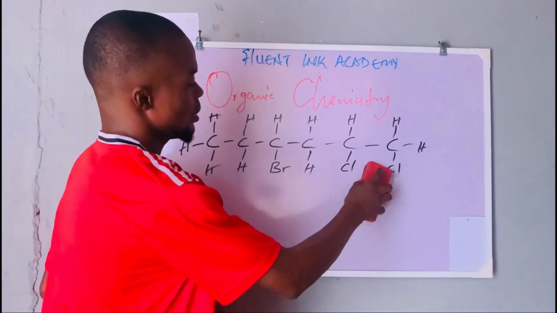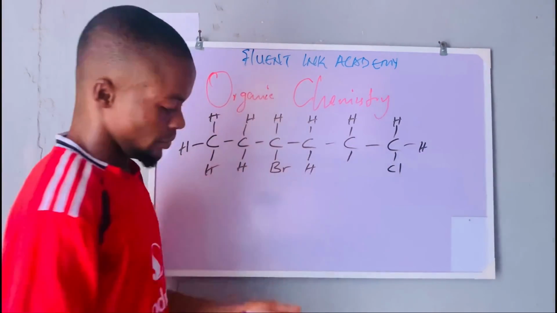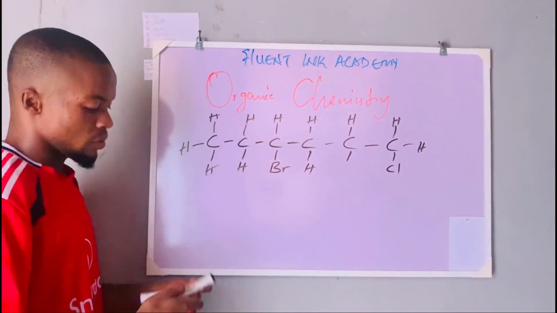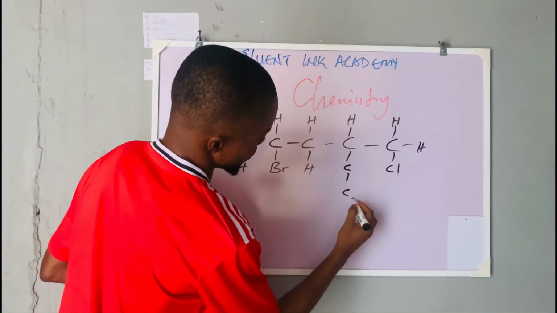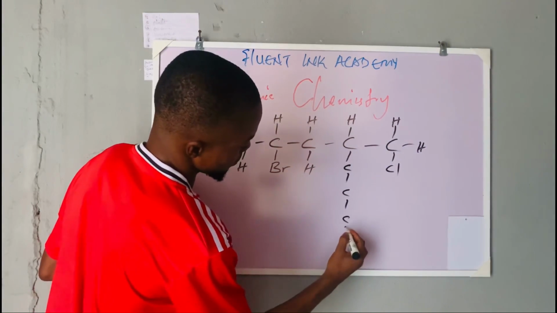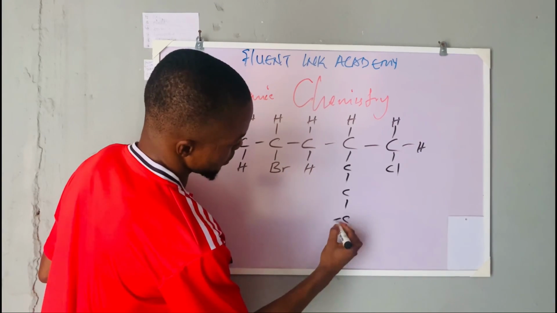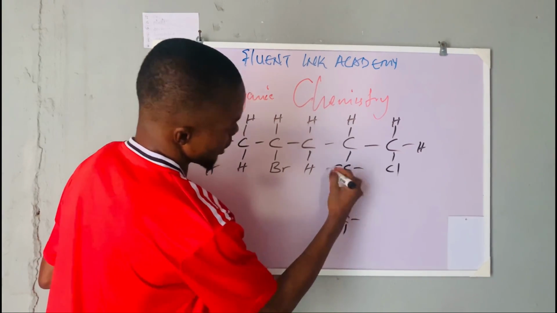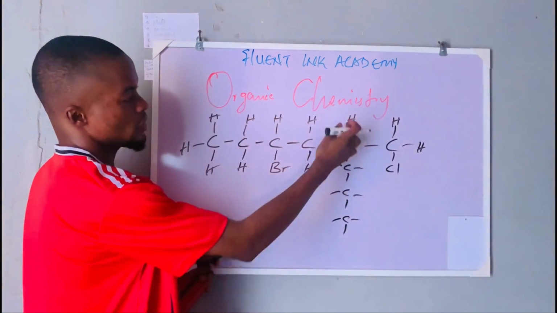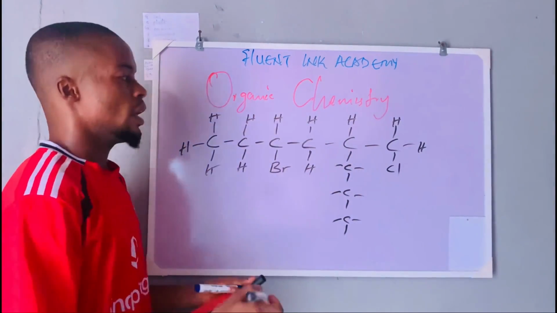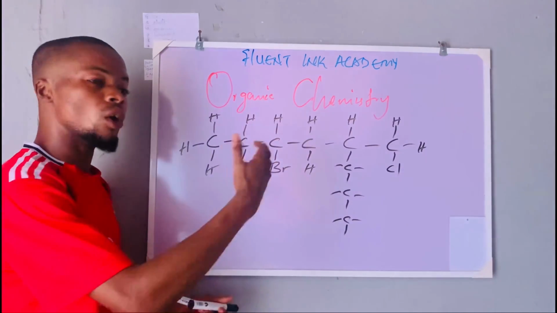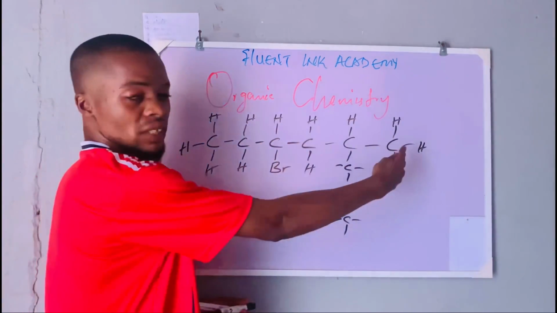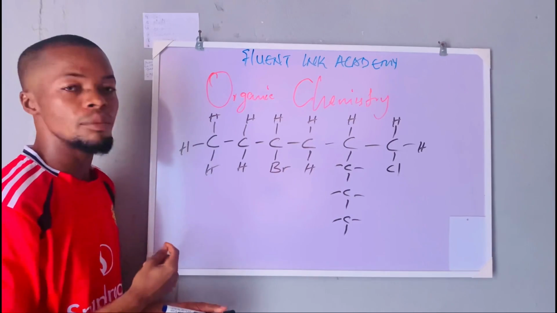For instance, let's say if I am having carbon here, I'm having carbon here, like this, right? Assuming that these places are saturated with hydrogen. Now, if you want to name this compound, what you should consider is the longest carbon chain, not the longest straight carbon chain. That is what I mean.